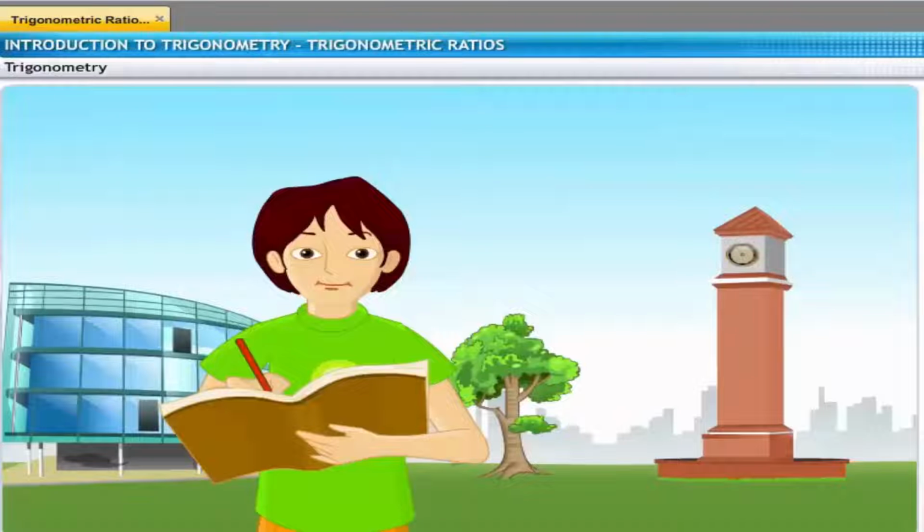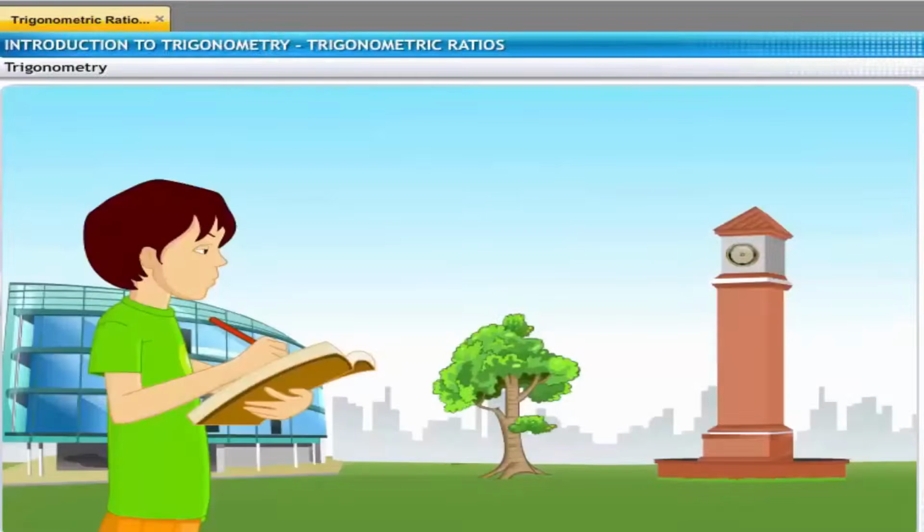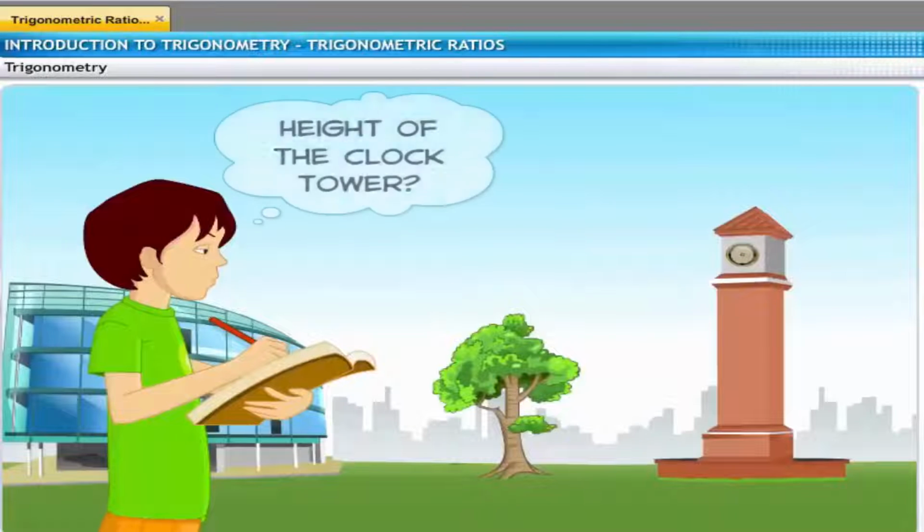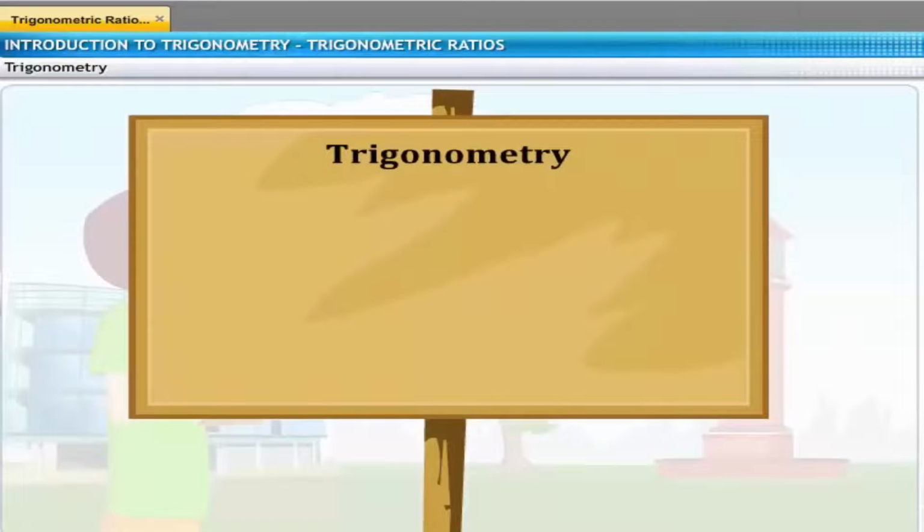Here's Jack. He has been given a unique problem in his math activity class. He has to find the height of the clock tower in the campus of his school. Tough job. Actually, there is a branch of mathematics called trigonometry, which can be applied to solve Jack's problem.